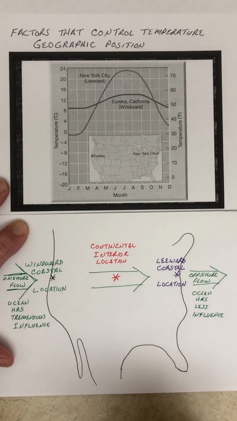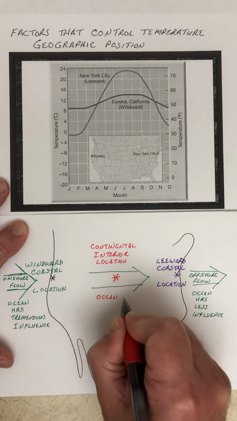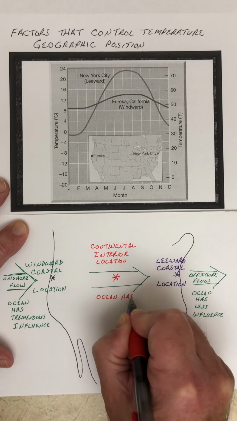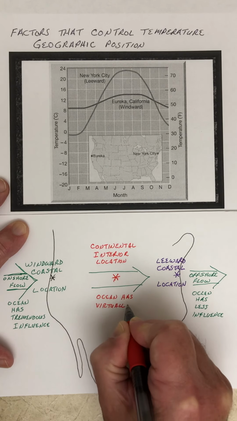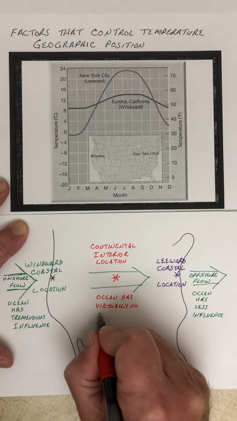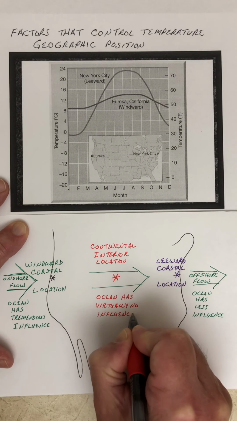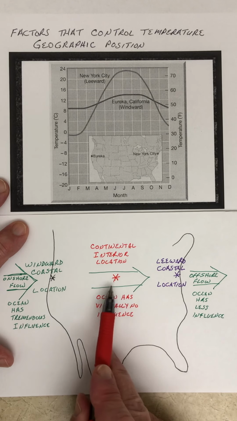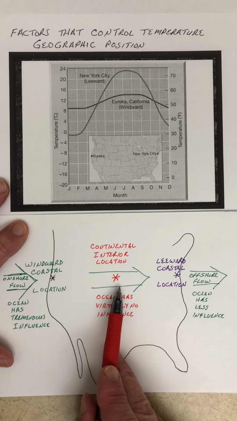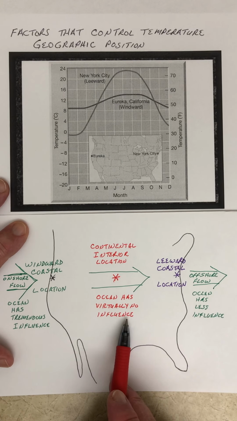Generally speaking here, the ocean has virtually no influence on temperature in terms of its moderating effect. It's dead center in the middle of the continent. There's no water around it anywhere, so the ocean has virtually no influence here.